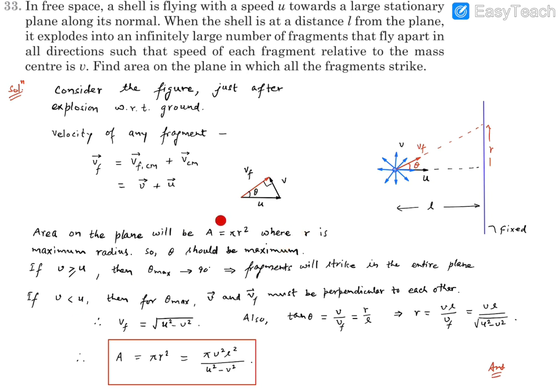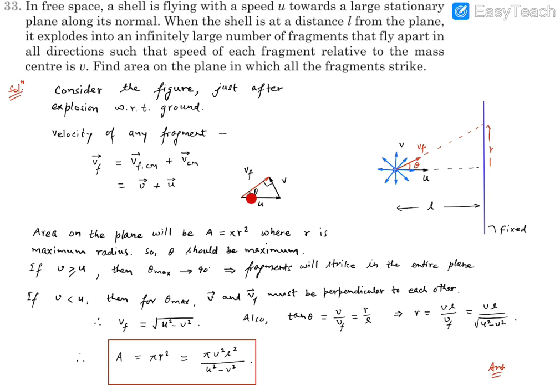Now another case is when v is less than u, that means u is bigger than v. In that case, theta cannot reach 90 degrees, and to maximize theta, v must be perpendicular to vf. Because if we rotate v in any other direction, theta will become smaller. Why? Because v has a fixed magnitude.